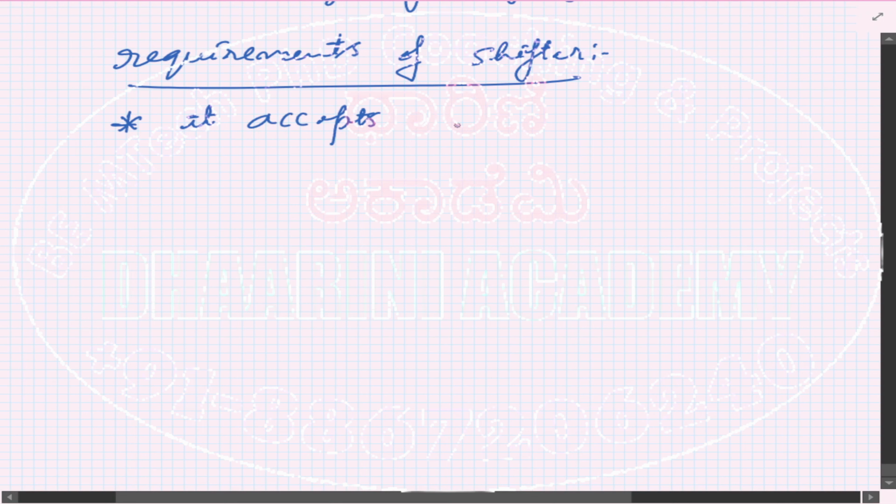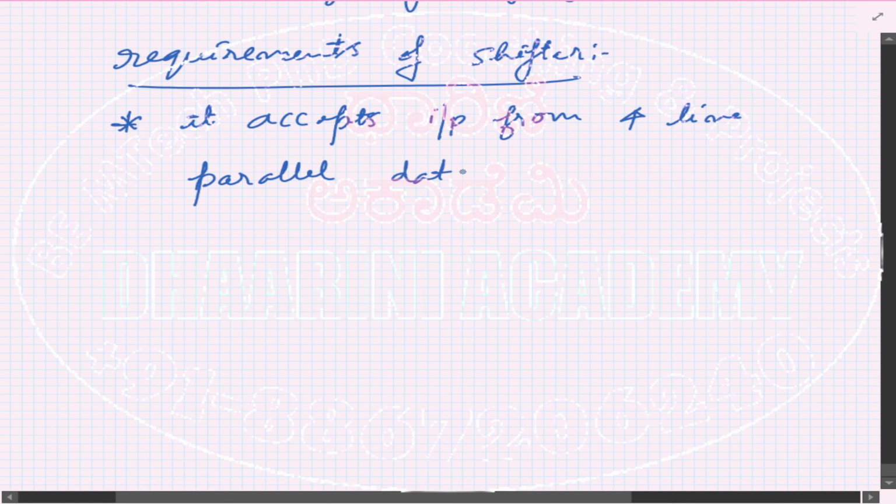It accepts input from a 4-line, because it is 4-bit, parallel data bus. So the data bus has 4 lines.